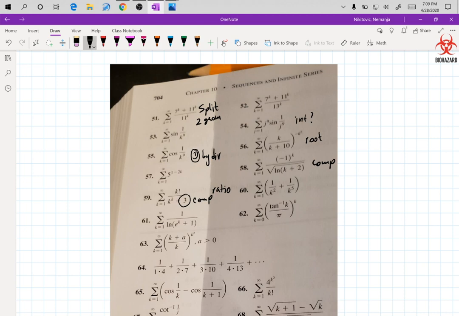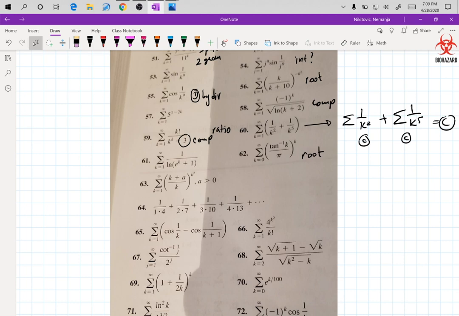These are two separate problems. The summation is equal to the summation of 1 over k squared plus the summation of 1 over k to the 5. They both converge independently, so they will converge together. That's one of those. Here's your root test because you kill that k on top, obviously.